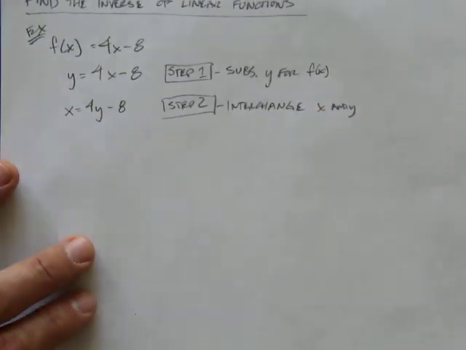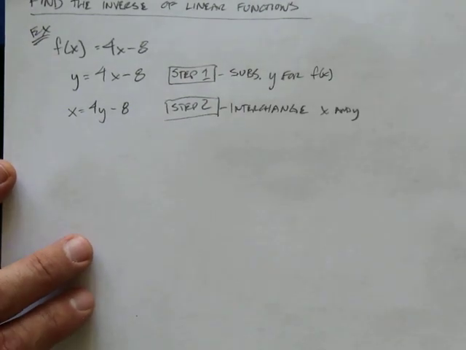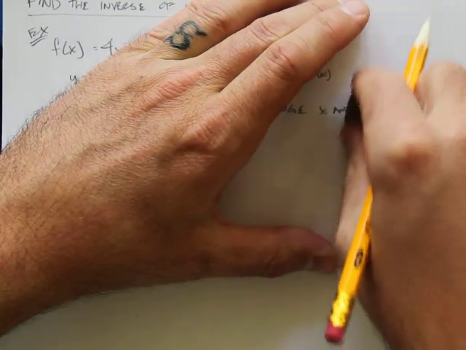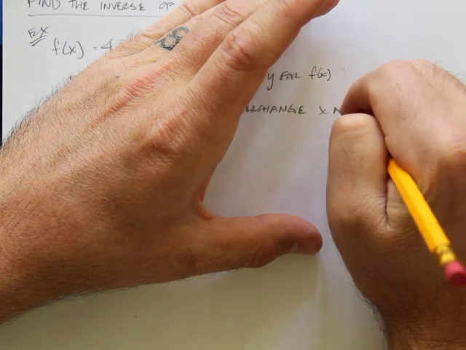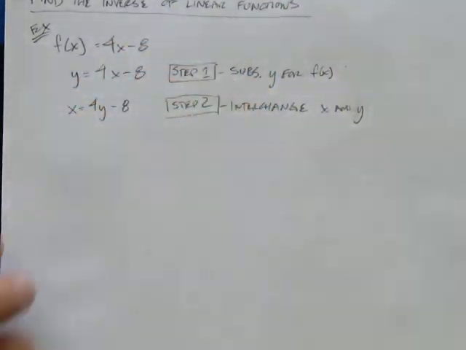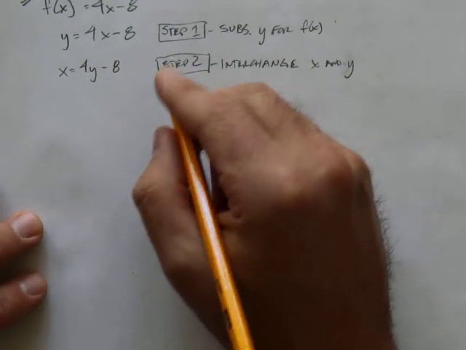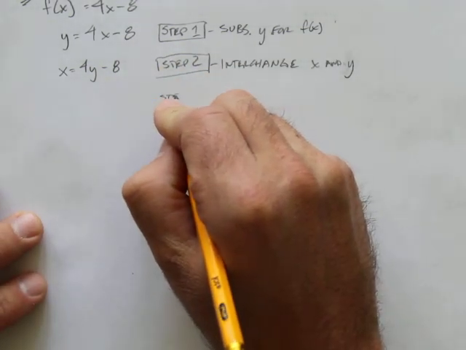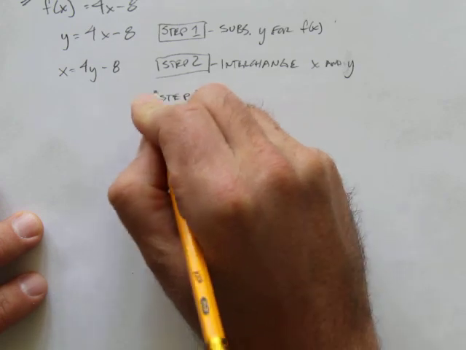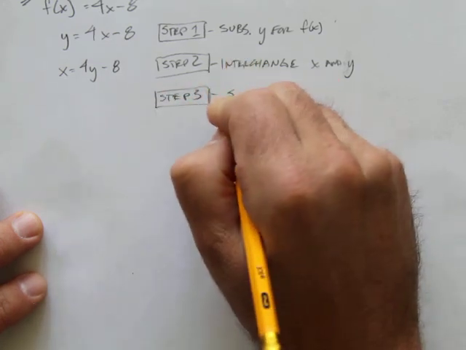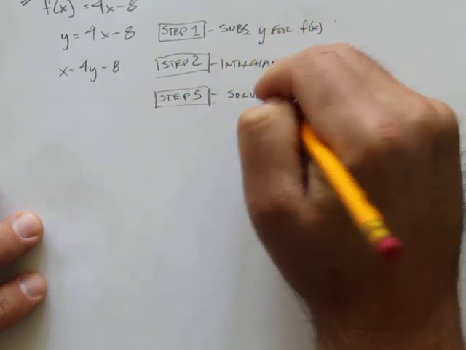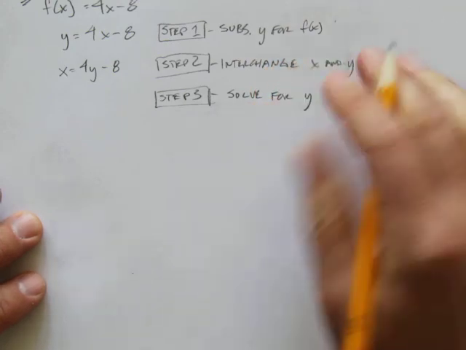It's not x and x, it's x and y. All right. Now, step 3 is we're going to solve for y. So let's do that.